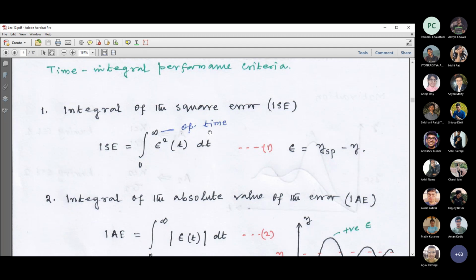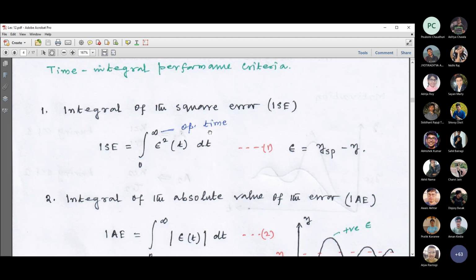This is another criteria, integral of the absolute value of the error, IAE. So it is also integration 0 to infinity.